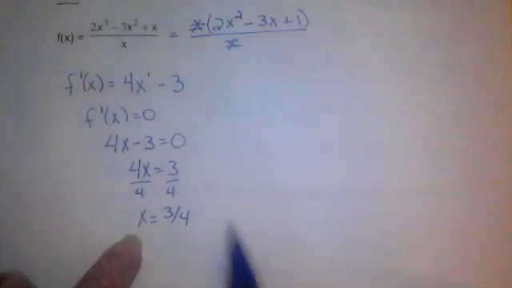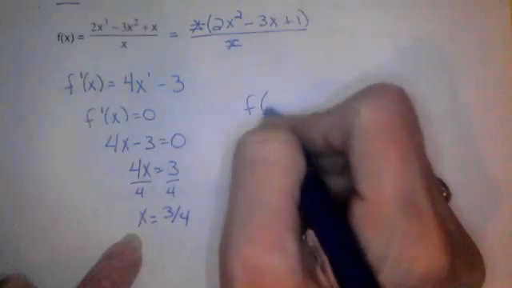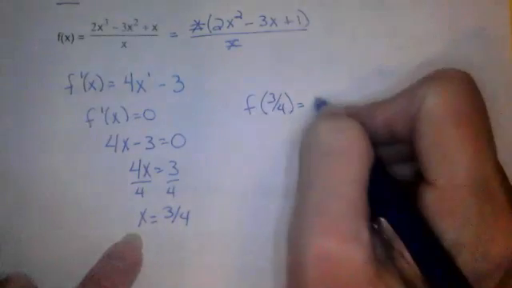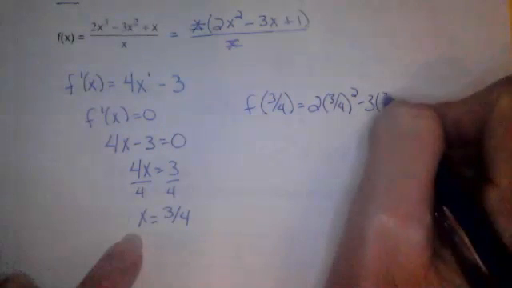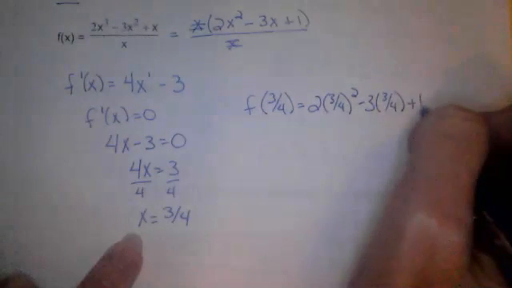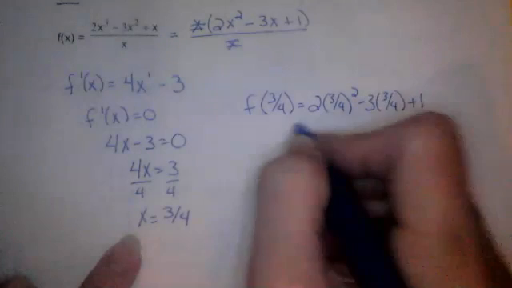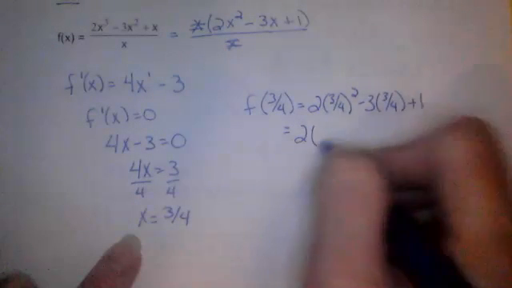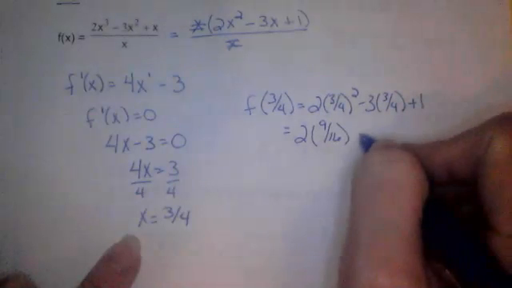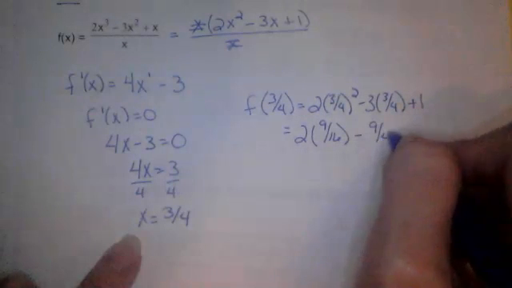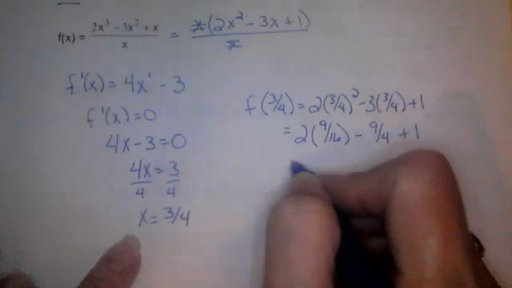So let's use the reduced form equation and plug in 3/4. So we have 2 times 3/4 squared minus 3 times 3/4 plus 1. So we have 2 times, and then square that, it's going to be 9/16 minus 9/4 plus 1.